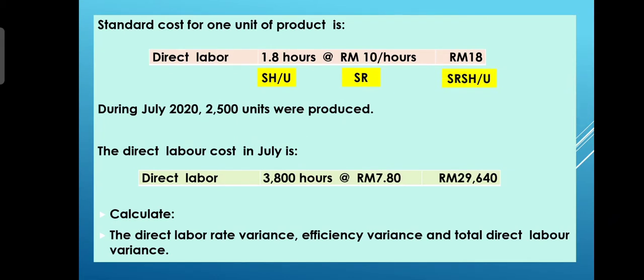It is 1.8 hours times RM10 per hour. In July 2020, the company managed to produce 2,500 units of output. It is actual output, AO.